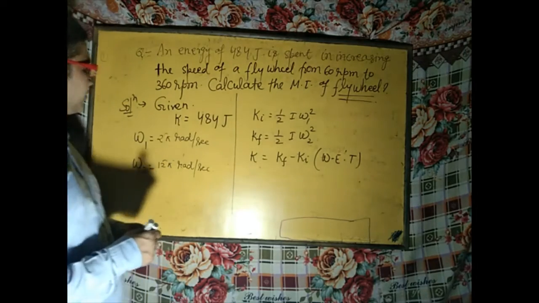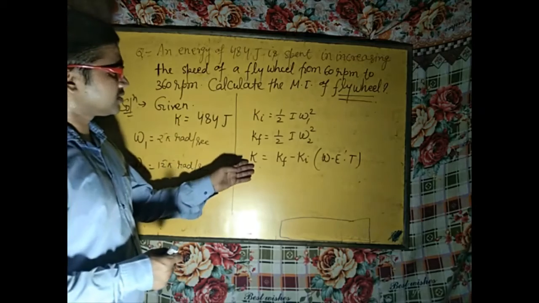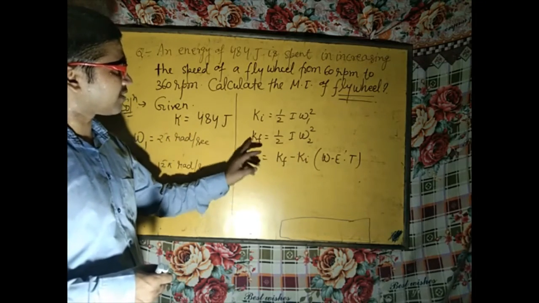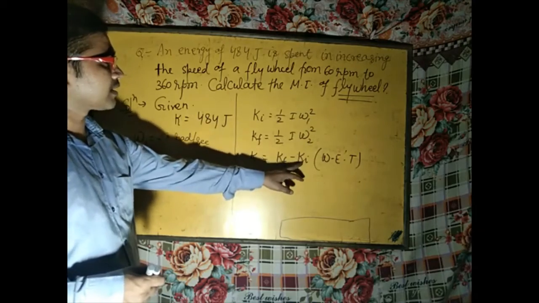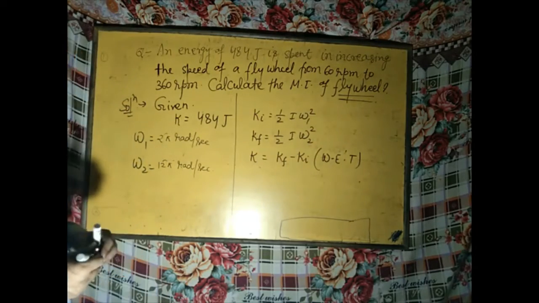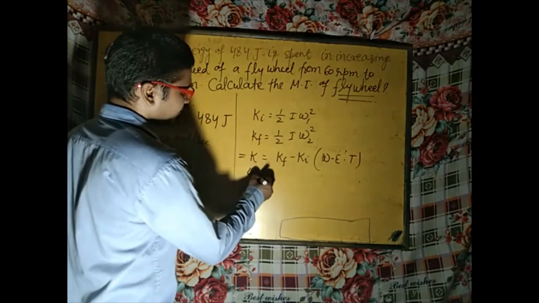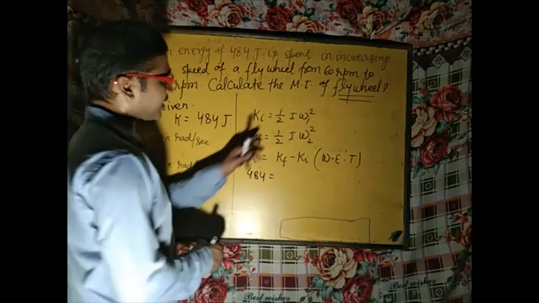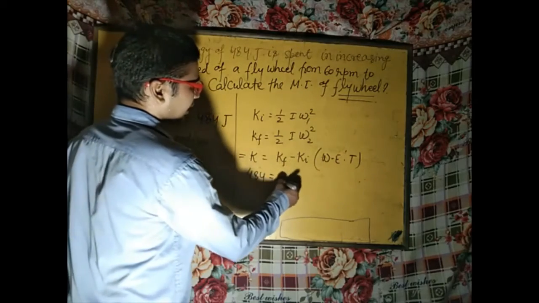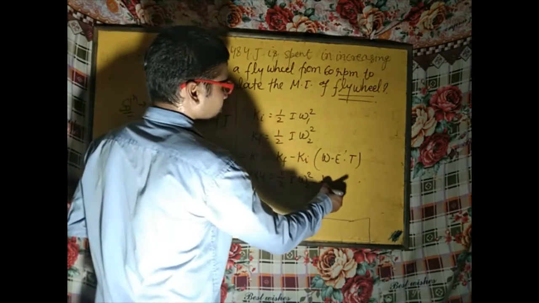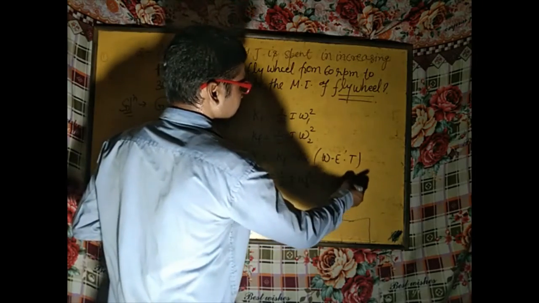So since we have the values which are needed in this equation, we know the value of K, we have the value of K final, we have the value of K initial, so we can use these values in this equation, and we get 484 is equal to K final, that is 1 by 2 I omega 2 square, minus 1 by 2 I omega 1 square.